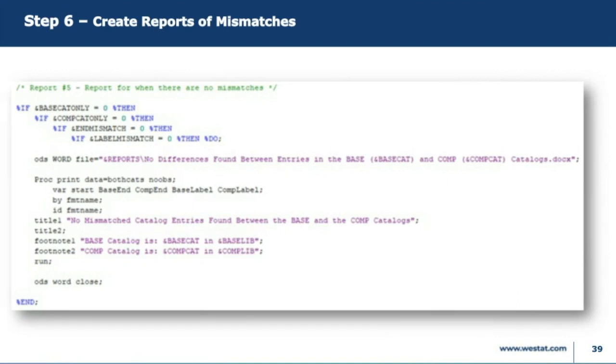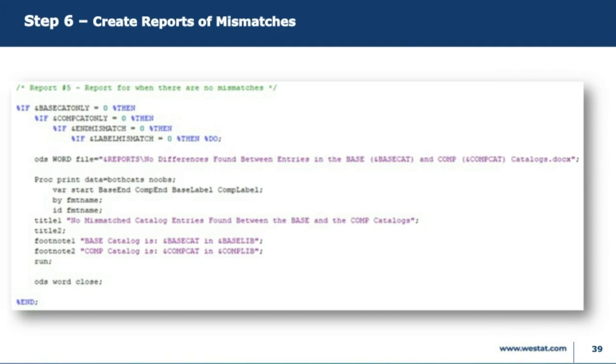And then finally, we have code for if there were no mismatches at all. So if base cat only equals 0, if macro variable flag was 0, and comp cat only was 0, and end mismatch was 0, and label mismatch was 0, then there were really no differences found between the two catalogs. And so in that case, we create a very, very simple report that says no differences found between entries in the base and comp catalogs.